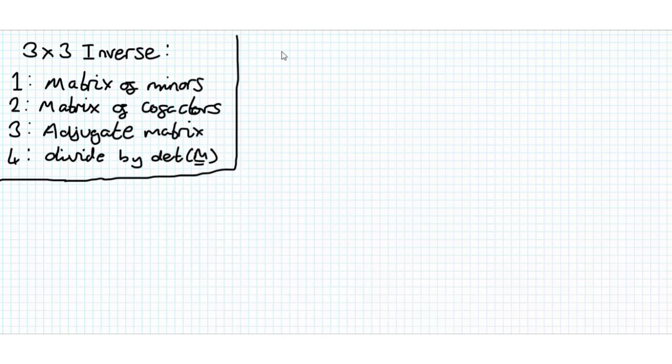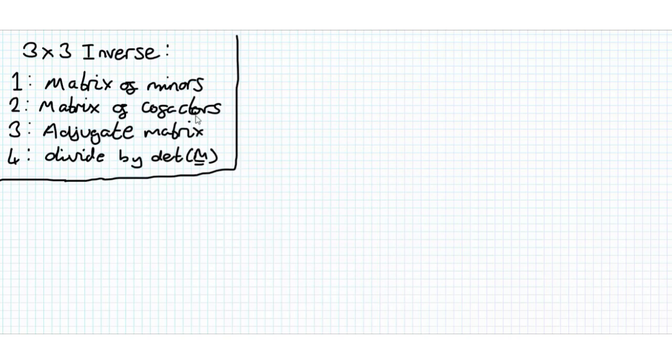And we did this in the last video for finding the determinant of a 3 by 3 matrix: we cross out the row and column that our component is in, and then we find the determinant of the 2 by 2 matrix that we're left with. Okay, so we'll see that later.